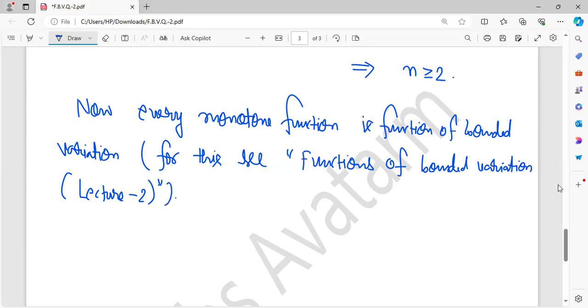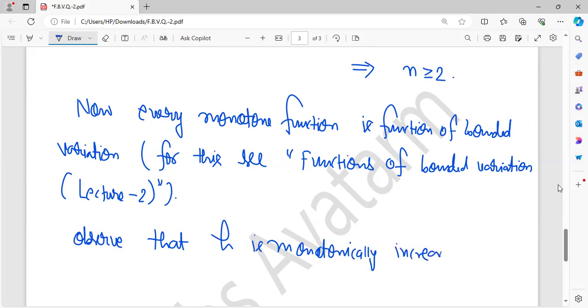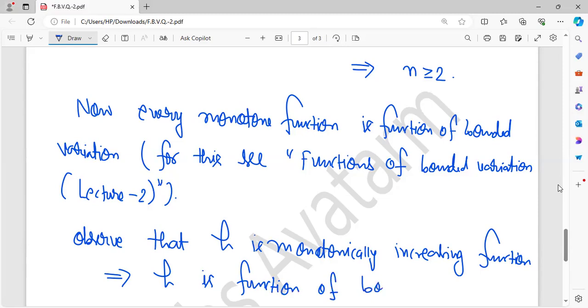Now you observe that h is a monotonically increasing function. So this implies h is a function of bounded variation.